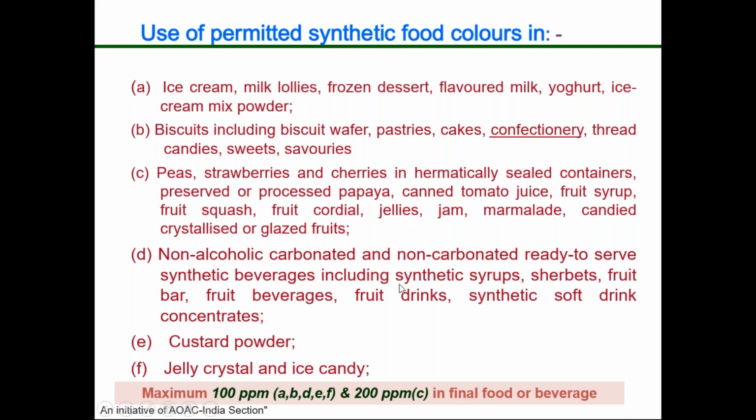The non-alcoholic carbonated fruit drinks, custard powder, anything. However, the maximum limit is 100 ppm for A, B, D, E, and F, and 200 ppm for the colors. In the amendment to the regulation, Allura Red is a color which was the most recently added synthetic food color.